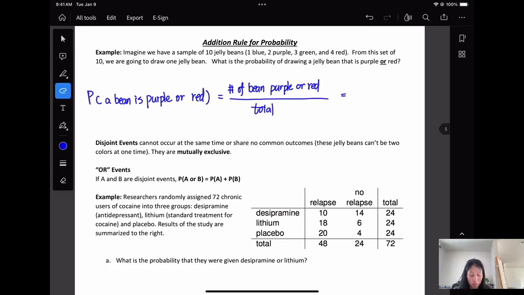The number of jelly beans that are purple, we have 2, and the number that are red is 4, out of a total of 10. Then the result is going to be 6/10.